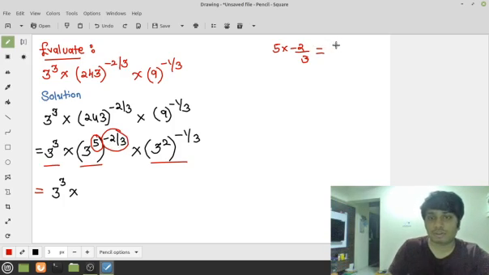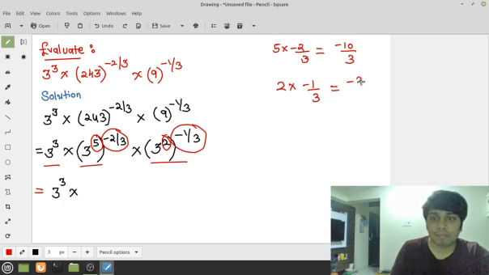So 5 into minus 2 upon 3 is minus 10 upon 3. Similarly, 2 multiplied by minus 1 upon 3 gives minus 2 upon 3, using the power law of indices where we multiply the powers. So we have 3 raised to 3 multiplied by 3 raised to minus 10 upon 3 multiplied by 3 raised to minus 2 upon 3, right?